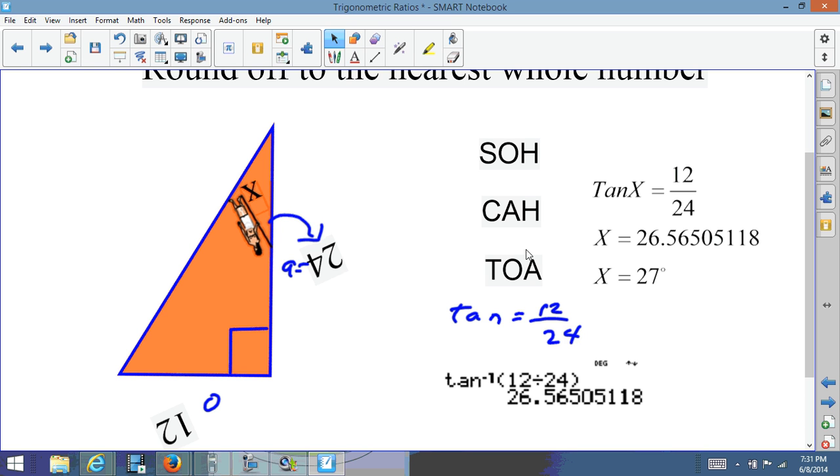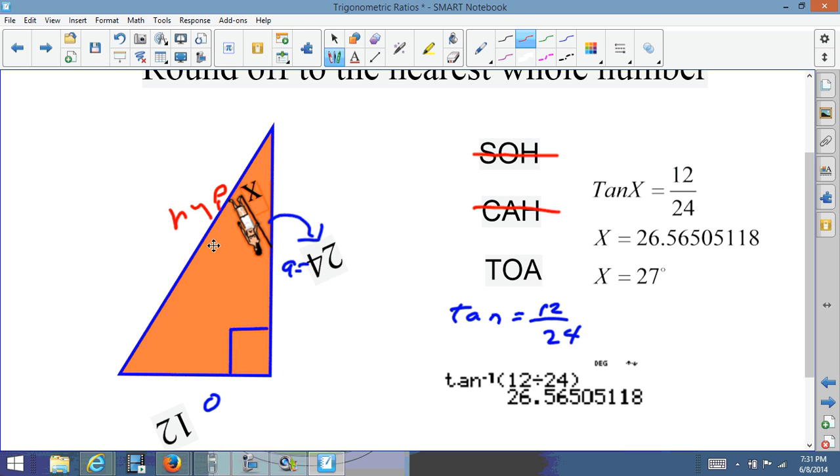So again, make sure you have two parts to check off on your SOHCAHTOA list. So there was no hypotenuse. So since there is no hypotenuse, I can't use cosine or sine because there's no hypotenuse over here. Here's my hypotenuse.